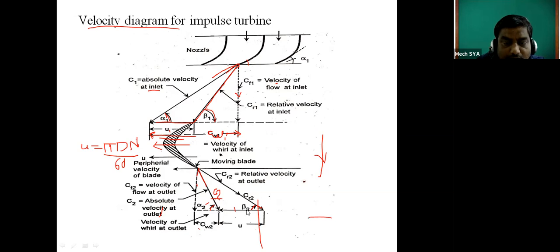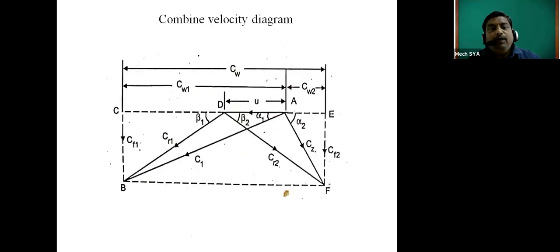Here also U, here also U. Therefore, to simplify the diagram, we can couple this into a combined velocity diagram, where U, the blade velocity, is common. And from that, the C1 makes an angle.